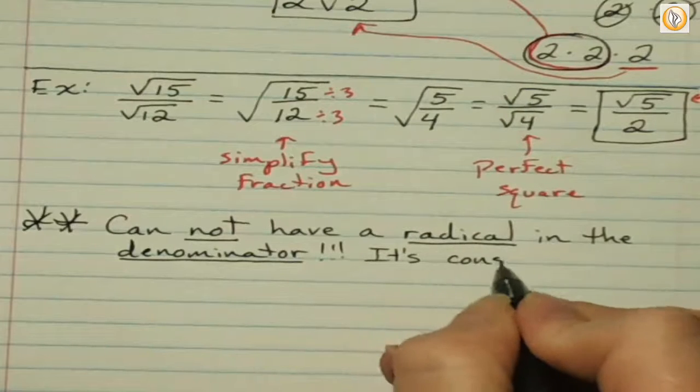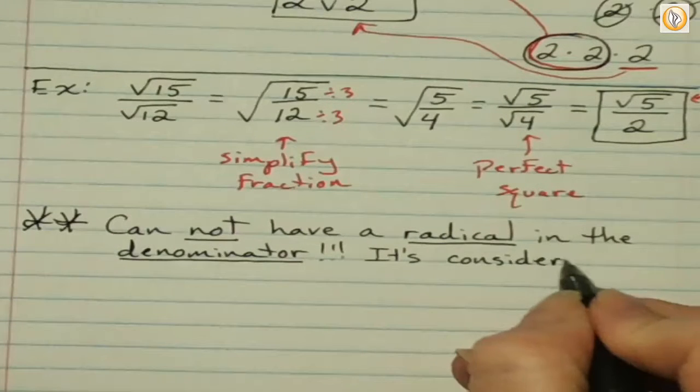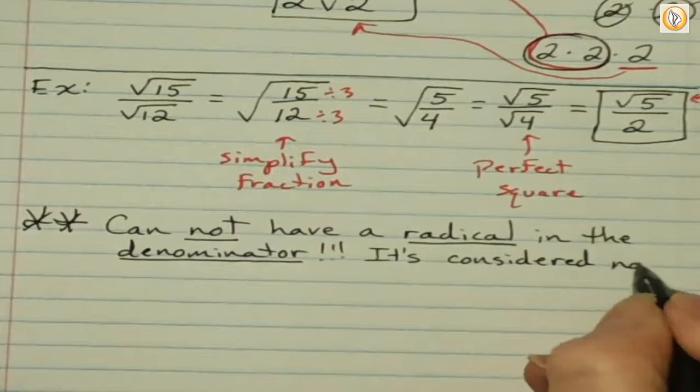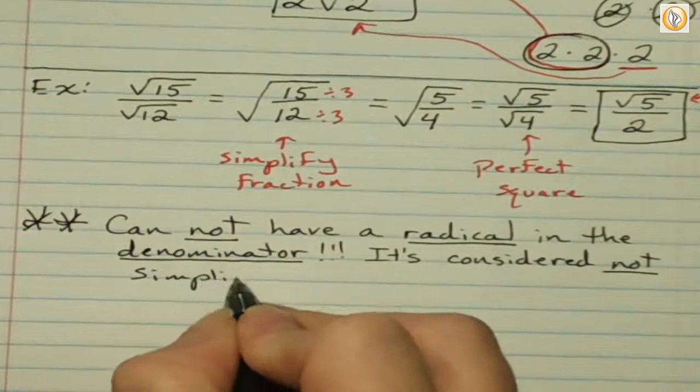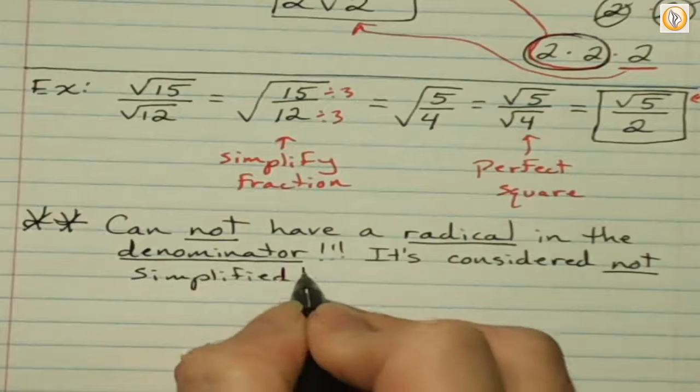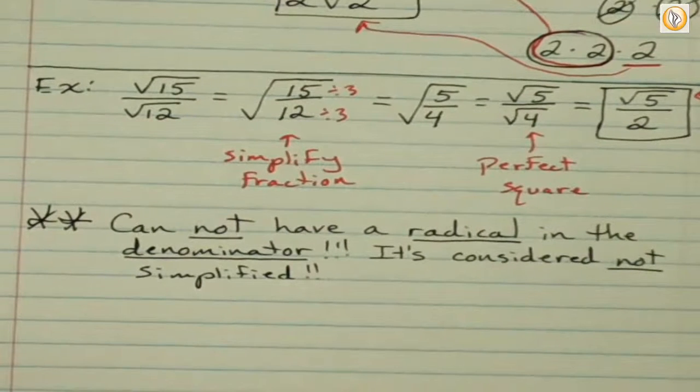It's considered not simplified. You cannot have a radical in the denominator. If you do, it is not simplified.